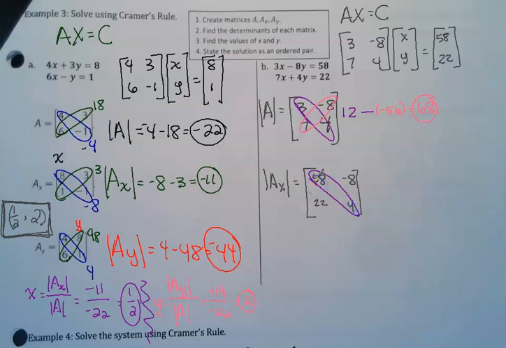So 58 times 4 equals 232 minus our minor diagonal, 22 times -8, which is -176. And then I need to subtract those. So 232 minus -176, which is the same thing as plus, gives me 408.